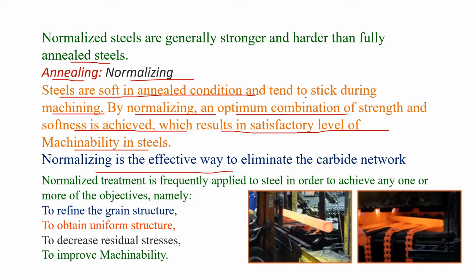Normalizing is an effective way to eliminate the carbide network. Normalizing is frequently applied to steel to achieve one or more of these objectives: to refine the grain structure, to obtain uniform structure, to decrease residual stresses, and to improve machinability.